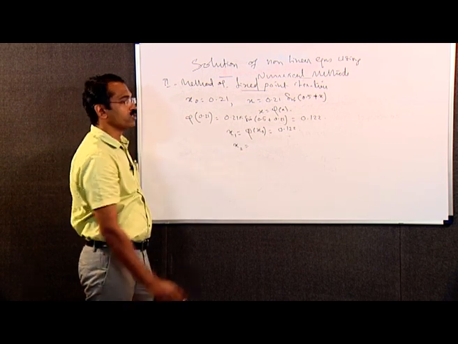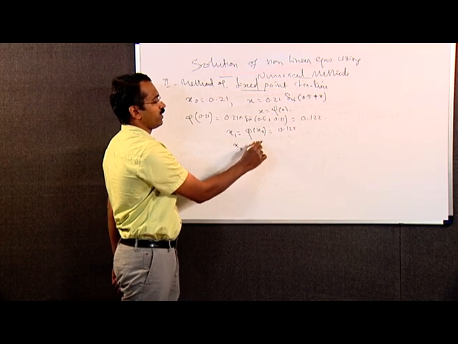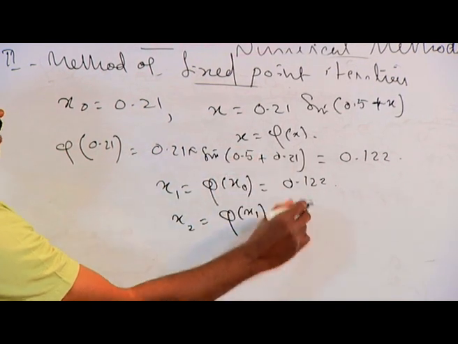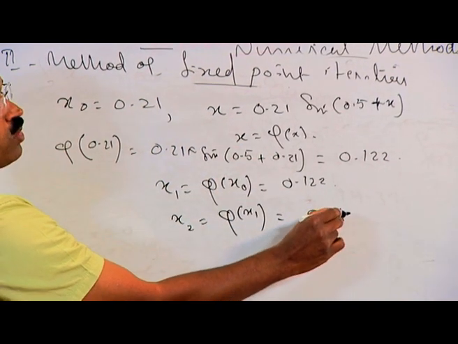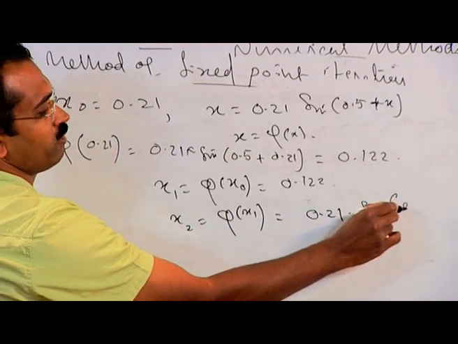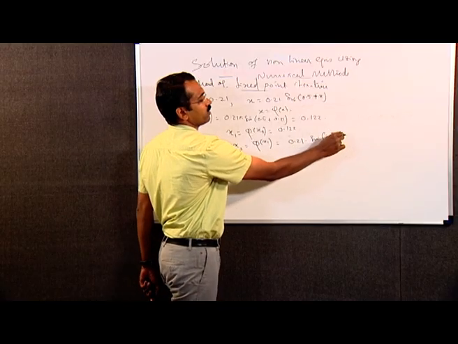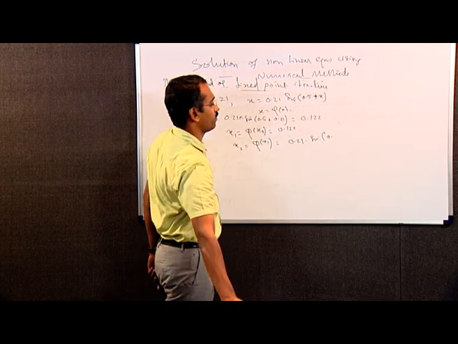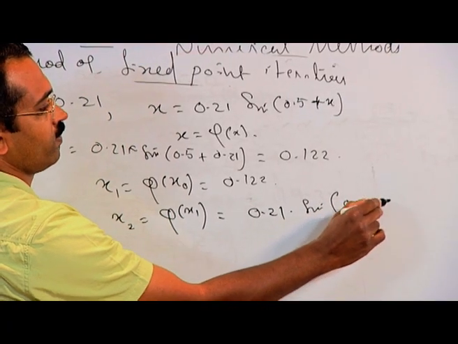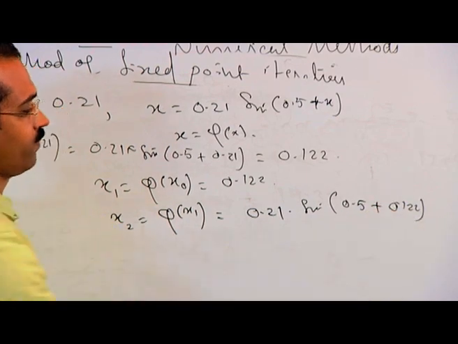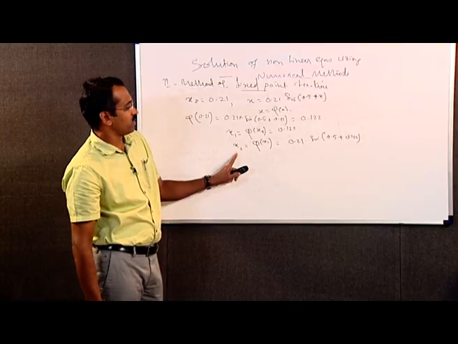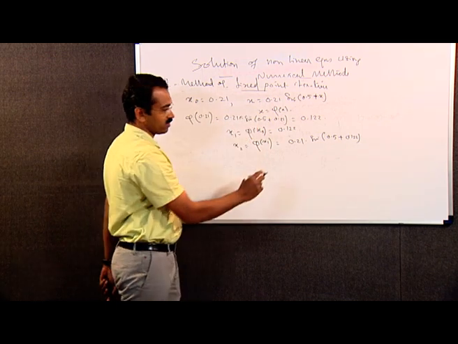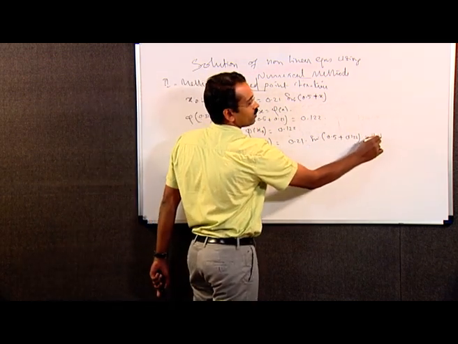Now x2 is equal to phi of x1, that is equal to 0.21 into sin(0.5 plus 0.122). That is, x2 is the next approximation of the given equation, equal to 0.1224.